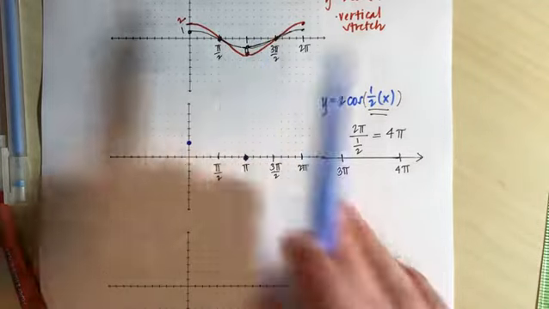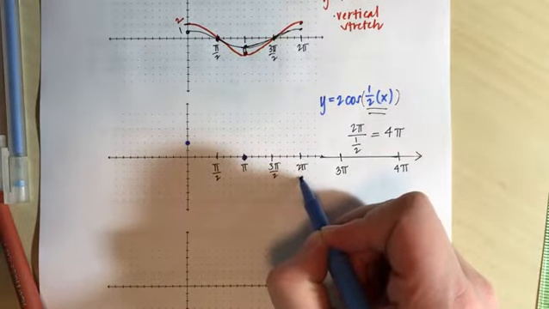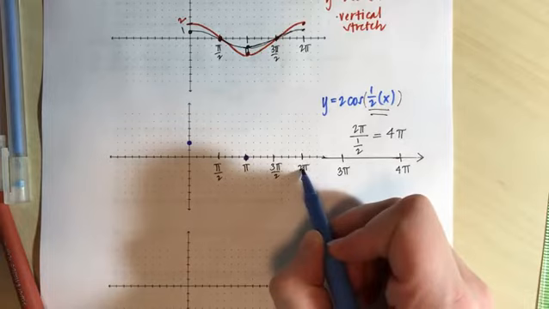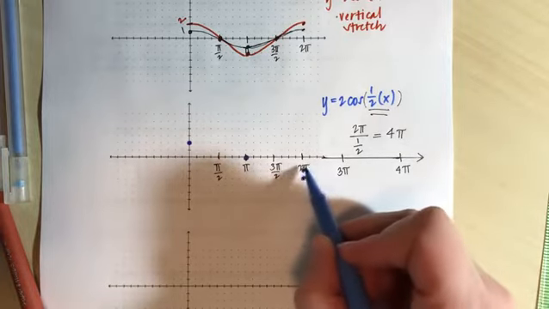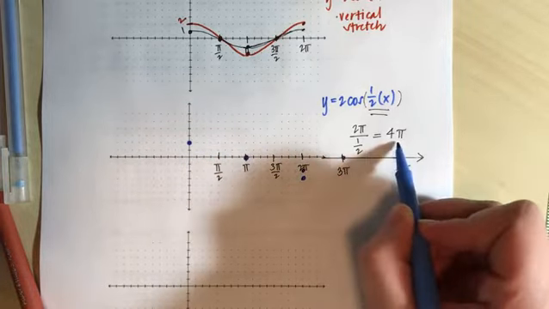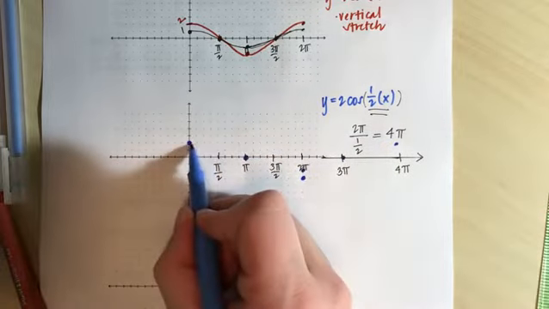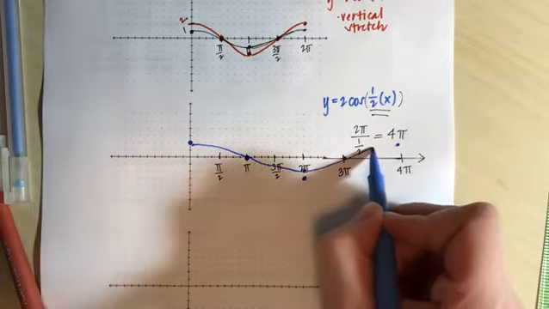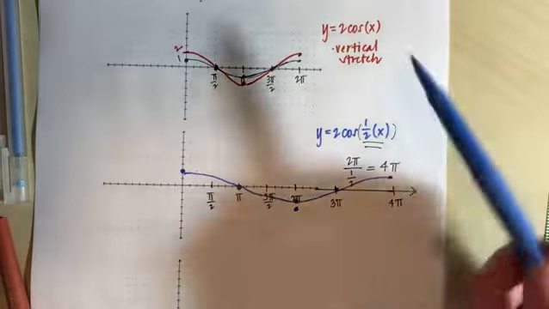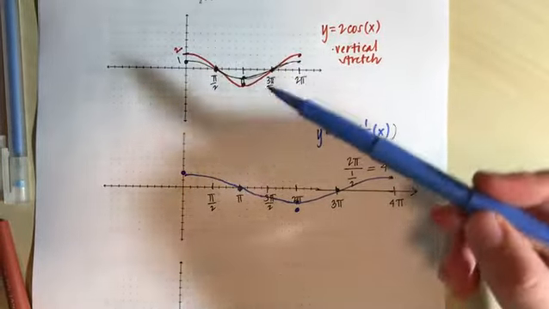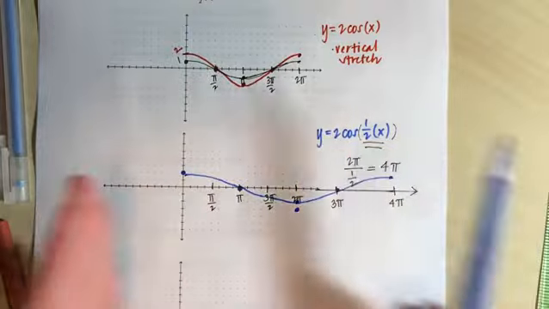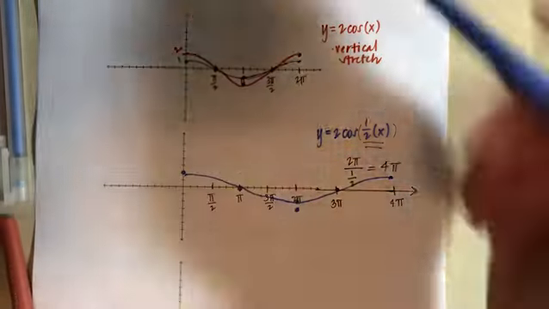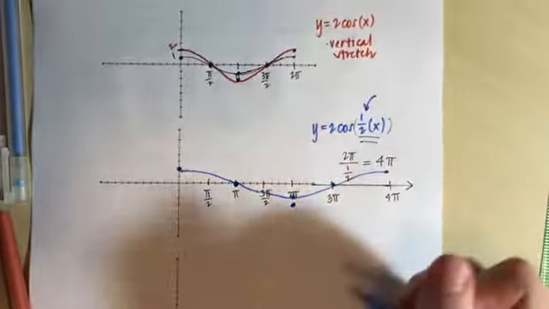Then this next value at pi, that's going to happen down at 2 pi, so it reaches, that should be a -2, not a -3. Then it comes back to 0 at 3 pi and back up to 2 over here. So if I sketch out that extended graph, it's going to look like this. So notice from our original black graph, it's stretched out vertically by 2, and now we're stretching it out horizontally by 2 because it's half as fast.